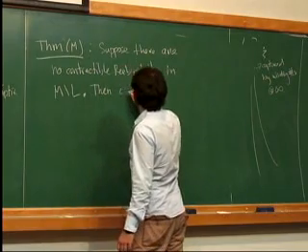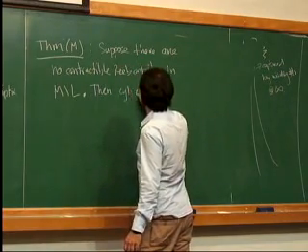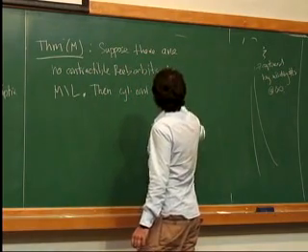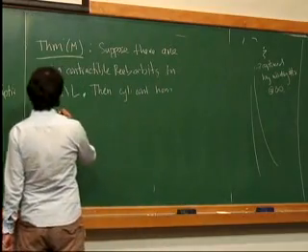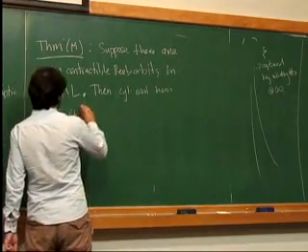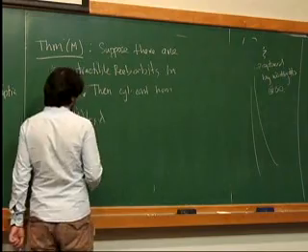Then cylindrical contact homology of M minus L with the form lambda restricted to there.